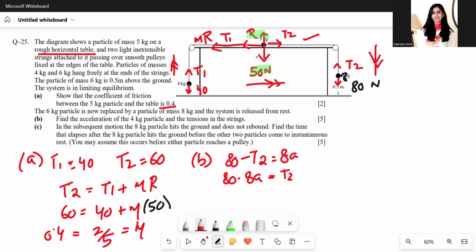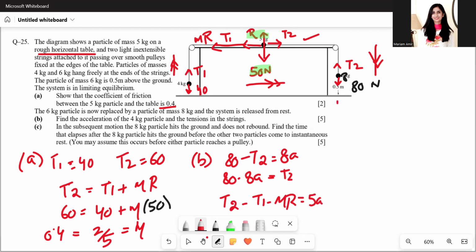Next, at the 5 kg particle, we'll write T2 minus T1 minus mu R is equal to MA. M is 5 and A is just A. So we get T2 is 80 minus 8A, minus T1, minus mu, which is 0.4, and R is 50, equal to 5A.